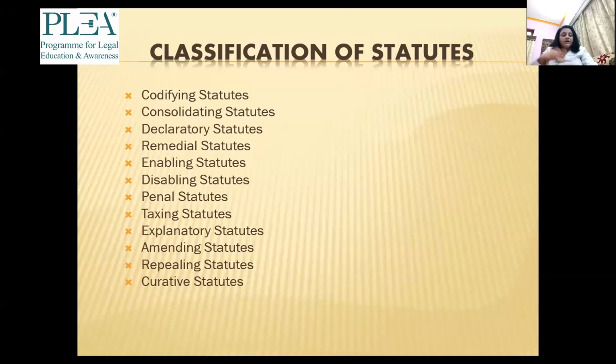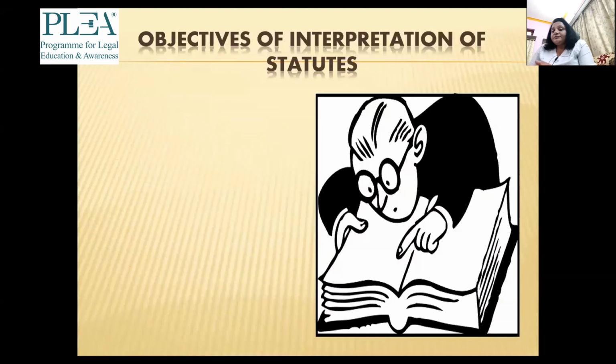Then we talk about the objectives of interpretation of statutes. When we are talking about the objectives of interpretation of the statutes, we have to keep in mind there are two objectives. First is the legislative meaning, and second is the legislative intention.